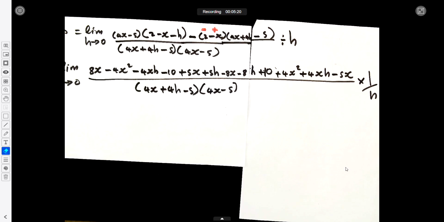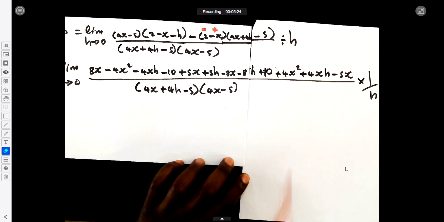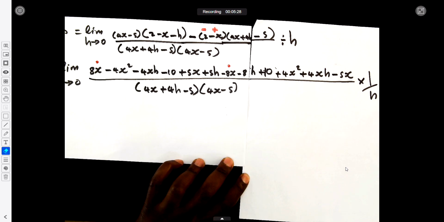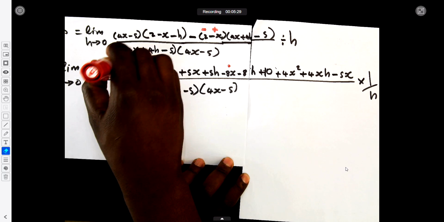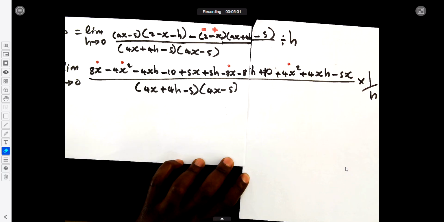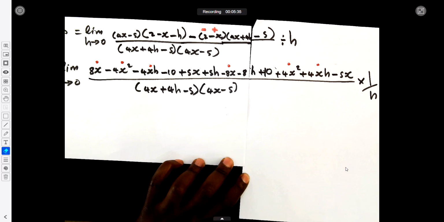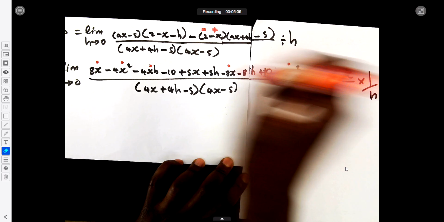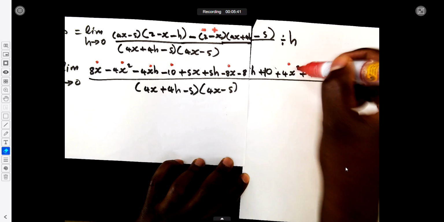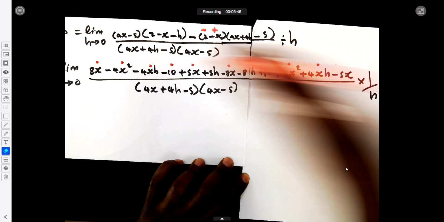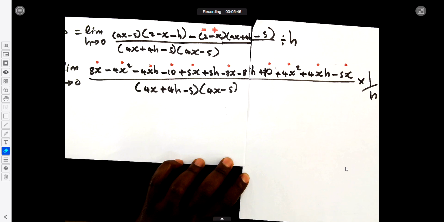So we need to eliminate some terms. I hope you saw that 8x is subtracted by 8x, minus 4x squared plus 4x squared, minus 4xh plus 4xh, then the 10 minus 10, and 5x minus 5x.